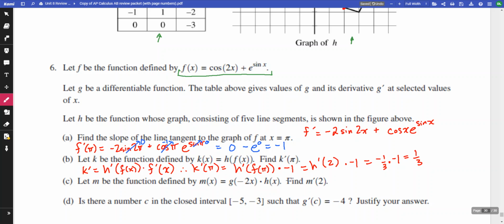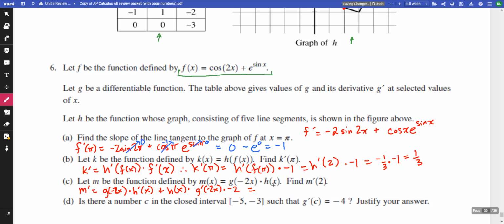M is defined. Find m prime of 2. So just a lot of practice with derivatives, right? So m prime is going to be product rule, which will be g of negative 2x multiplied by h prime of x, right? Then plus h of x multiplied by g prime of negative 2x times negative 2 using our chain rule.